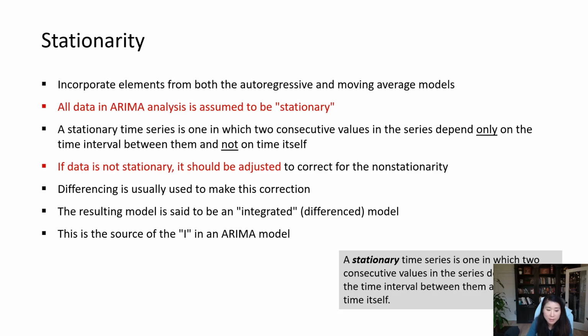Differencing is usually used to make this correction, so the resulting model is said to be an integrated or differenced model. Therefore, the I in our Box-Jenkins model, integrated, means we are finding the differences of two sequential values in the time series data. By taking this difference, we are able to convert non-stationary data to stationary data.